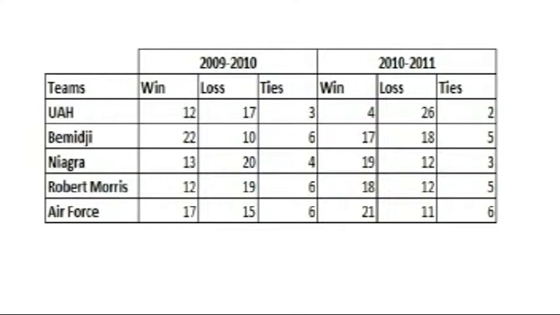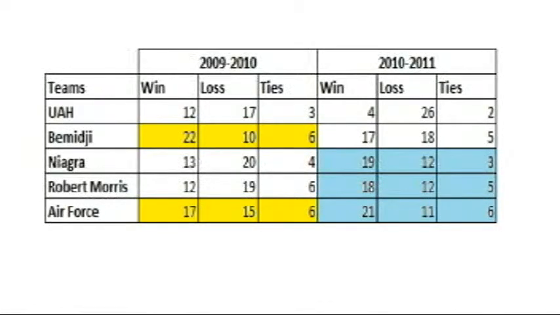We can create multiple sets using this data, but today we're going to make 2 sets, A and B. Set A is going to contain every team that won more games than they lost in the 2009 to 2010 season, while Set B is going to contain every team that won more games than they lost in 2010 to 2011.